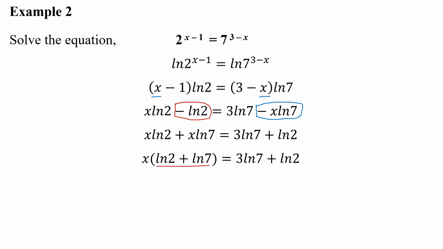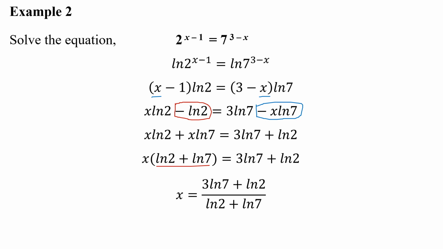So let's divide by ln 2 plus ln 7, both sides, like this. If you are asked to find the exact value of x, this is the exact value of x. But if not specified, or if you are asked to give your answer as a decimal fraction, you can use the calculator to find the value of this fraction.